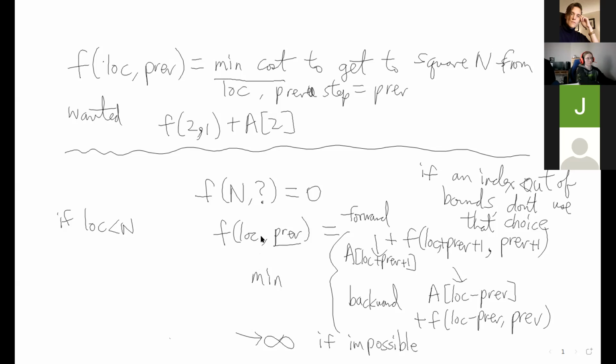So the main thing is to recognize that in order for me to figure out what's going on, I need to know where I am and also what is the previous step. Then I will be able to figure out where I can go next, and then I can recurse. Now, why is this good? I can do this recursively.